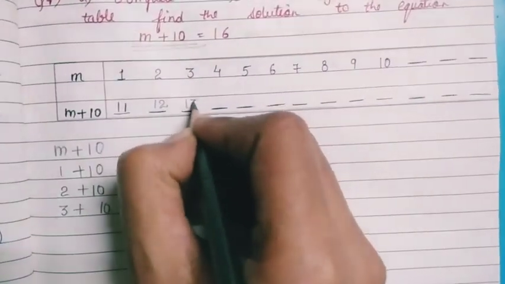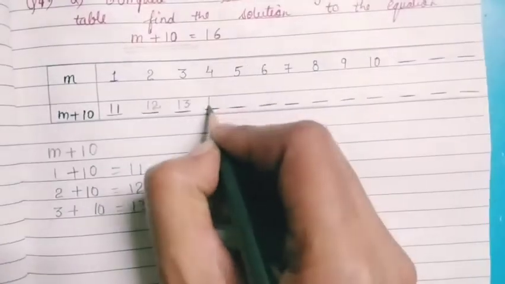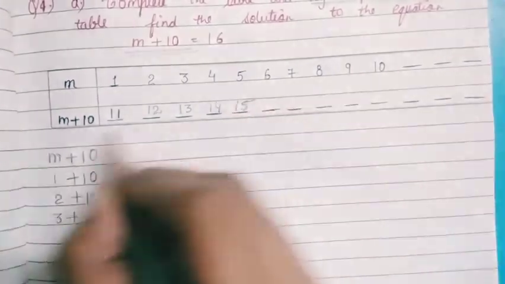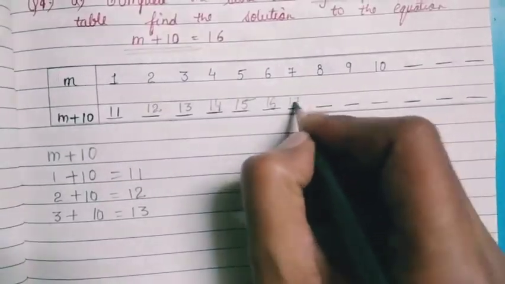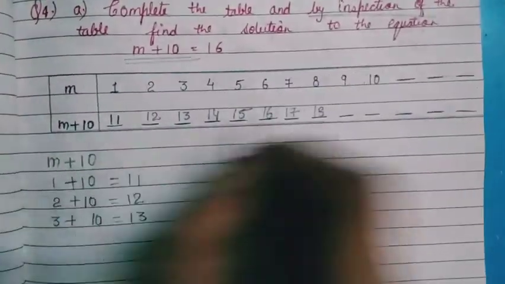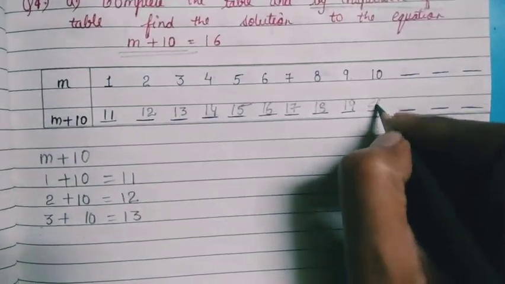So here 13 will come. So directly we can do 4 plus 10 is 14, 5 plus 10 is 15, 6 plus 10 is 16, 7 plus 10 is 17, 8 plus 10 is 18, 9 plus 10 is 19, 10 plus 10 is 20.